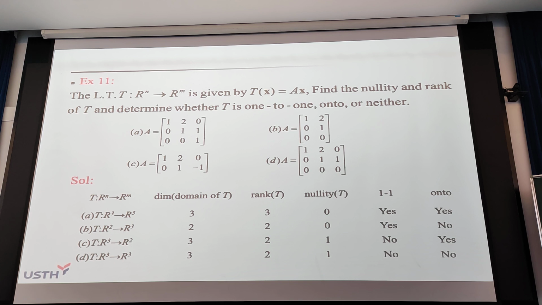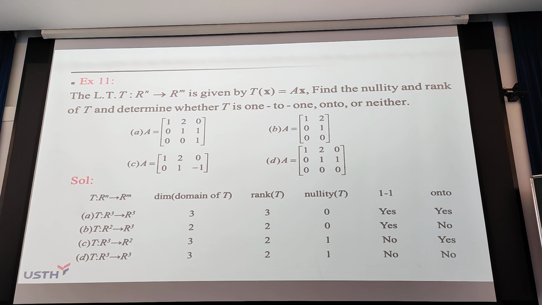Then it is very easy to find the rank. In the first case, because we have 3 non-zero rows, the rank of A equals 3. So easy. Similarly, the rank of A in the B case will be 2, and here is 2, and here is 2 also. So the rank of T in those cases will be 3, 2, 2, and 2.